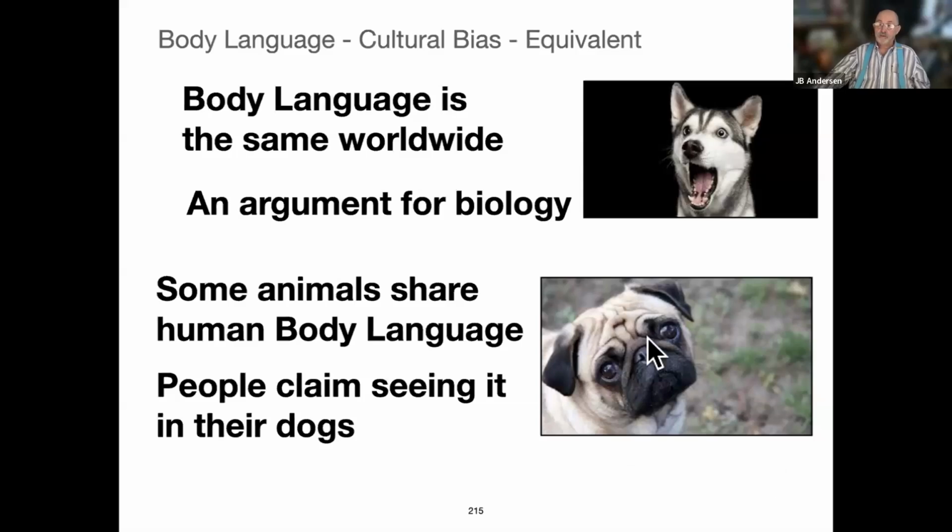I mean, this dog's excited about something. This dog is sad about something. What'd you just say to that dog? So a lot of people say it is biological, and different species share it with each other even, indicating it may not be cultural.